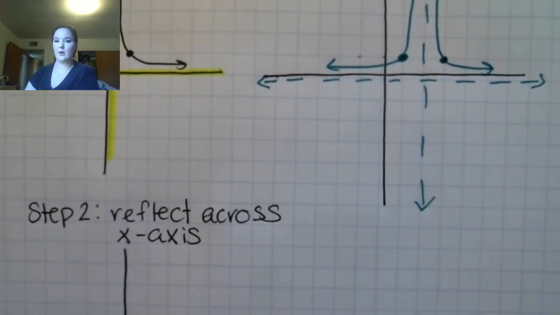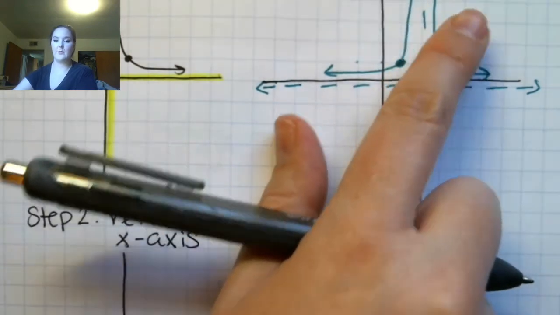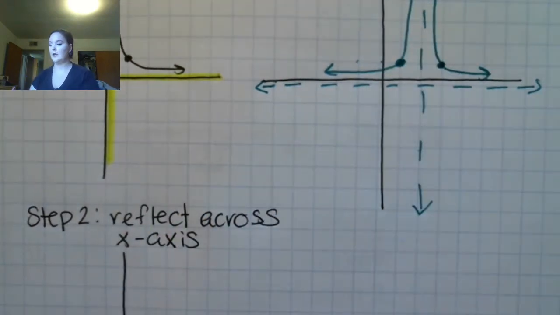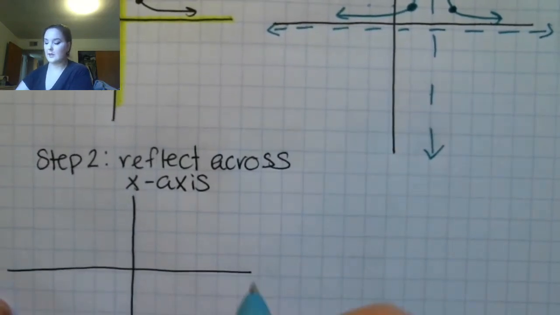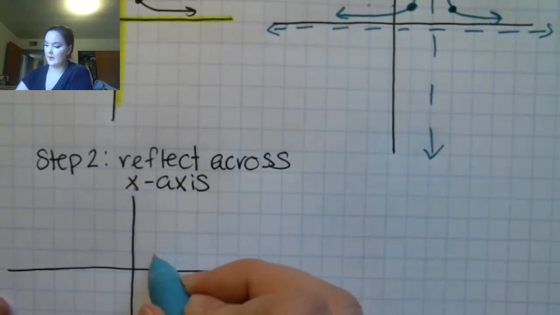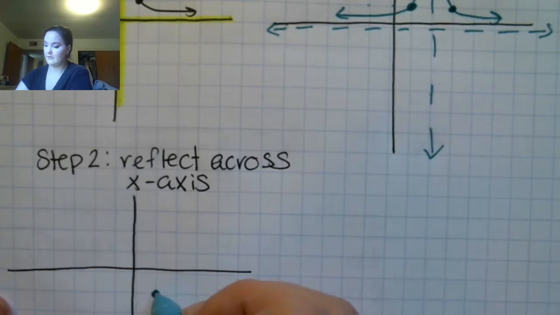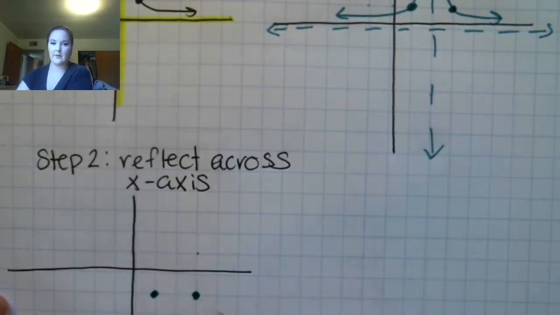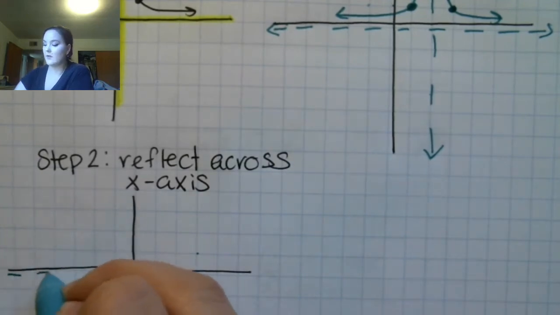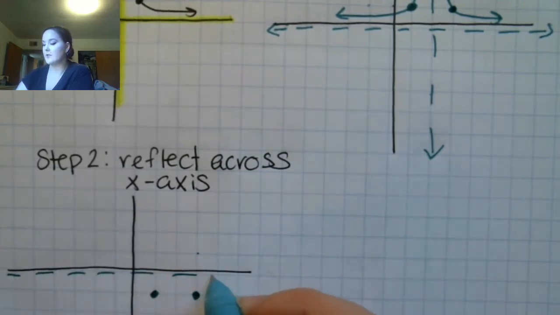We're going to take all of our key features from here and reflect them. I had this key point here, I'm going to reflect it down. I had this key point here, I'm going to reflect it down. This line is on the line of reflection, so it doesn't look any different.